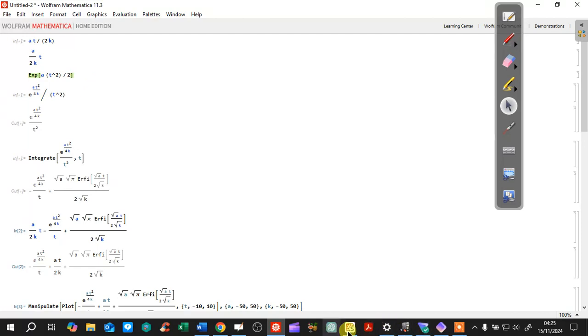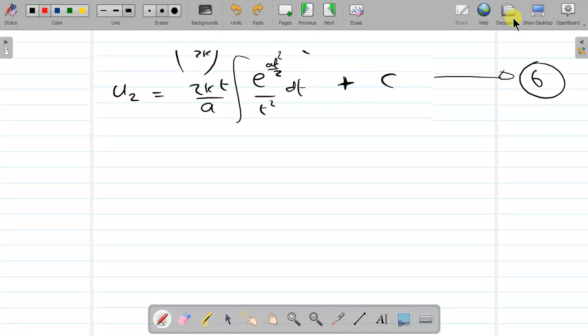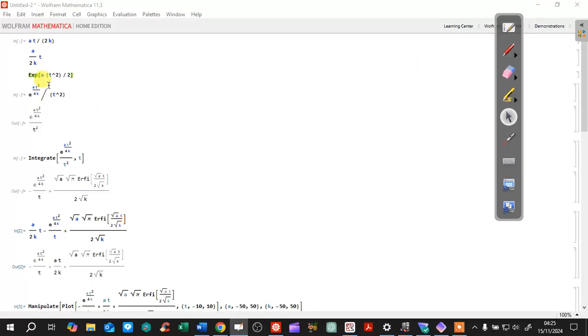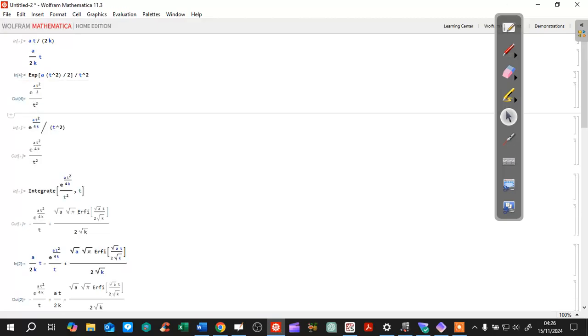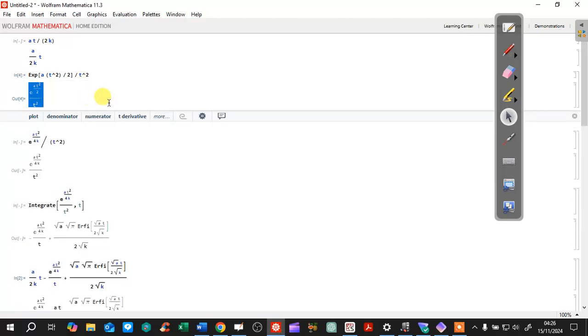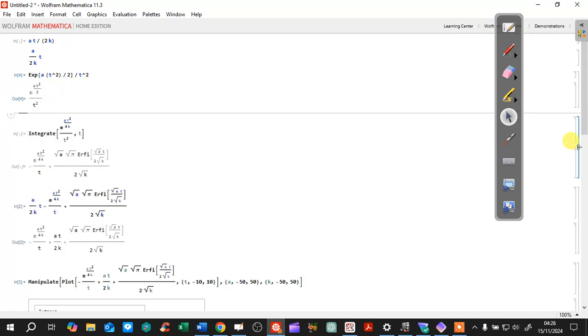Let me just have a look. Right, yeah, e to the a t squared over 2. Now we're dividing that by t to the power 2, and that's what we get there. So let's just delete this nonsense, and we want to integrate this.